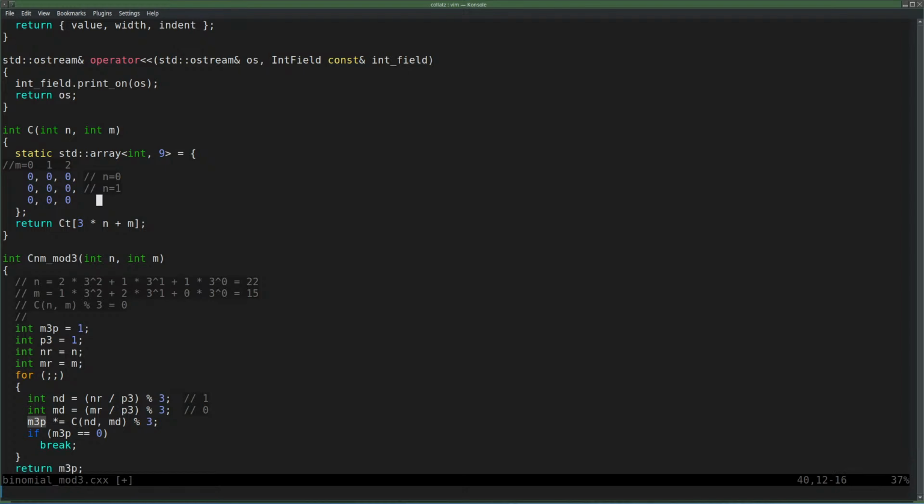Is 1. Correct. Because if m increments 1, then we go slow. This is how I calculated. So m goes slow and n skips 3. 1, 2, 3, we go down then.